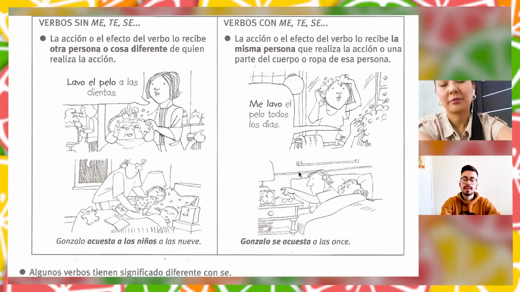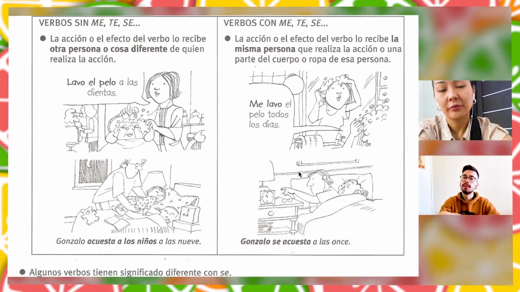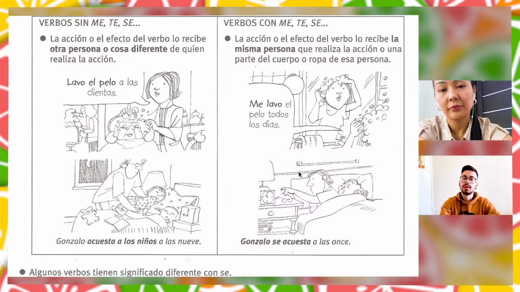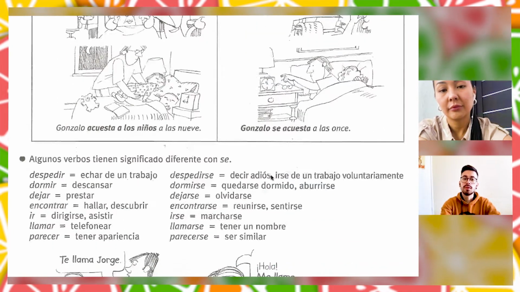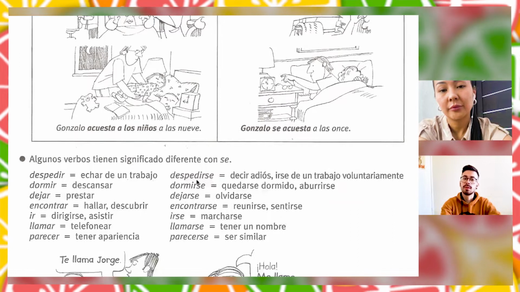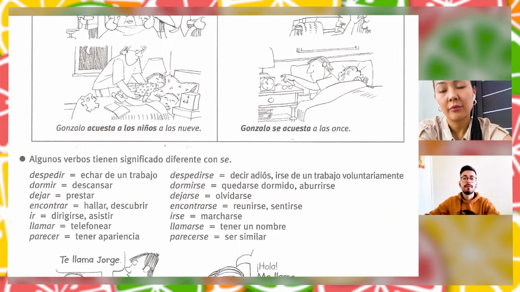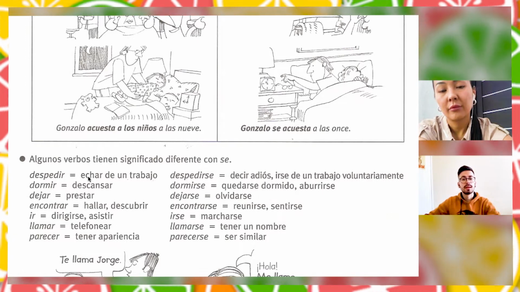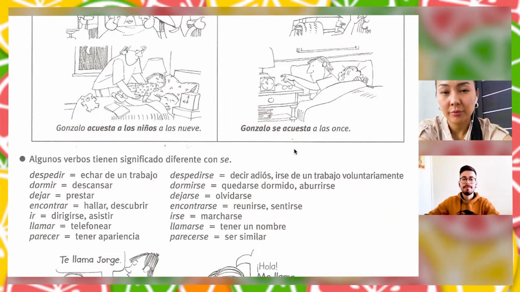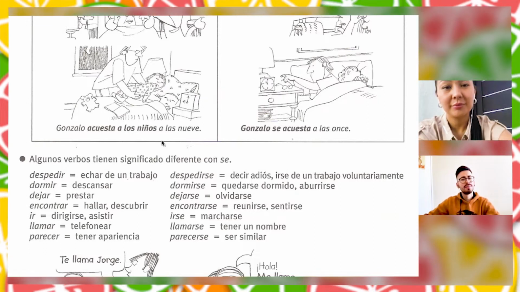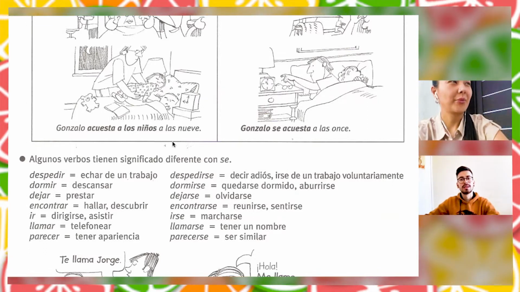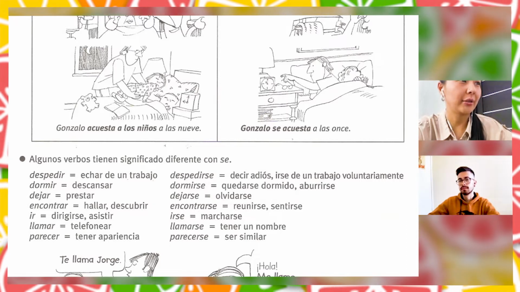So by now, let's see how the meaning of the verbs can change. Yes, because for those that finish with se, the meaning is sometimes different from those that don't. For example, despedir. It means dismiss. It's like to fire, right?